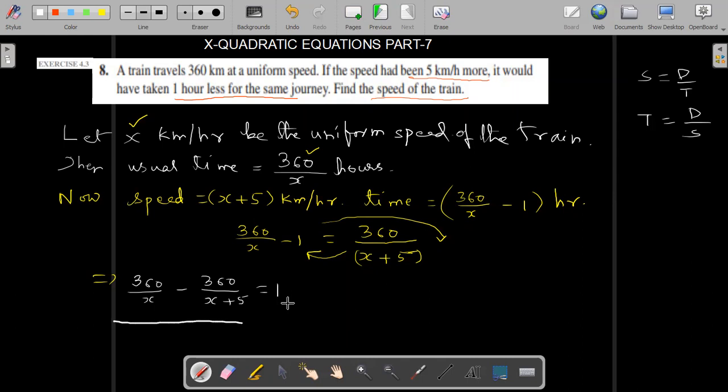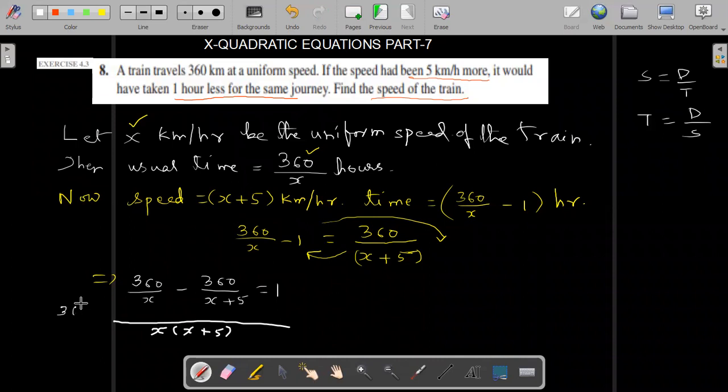Take the LCM. LCM is x into x plus 5. You should take 360 common.